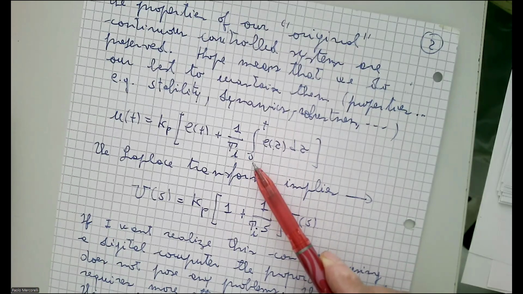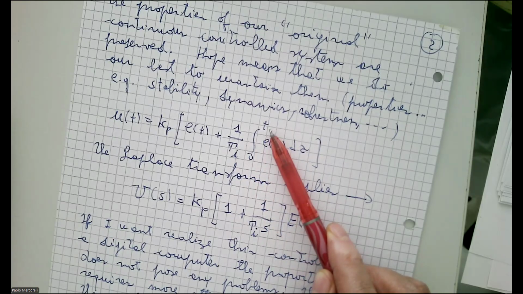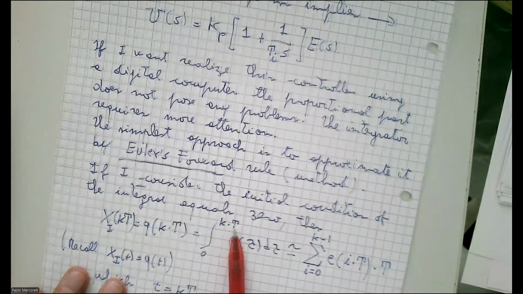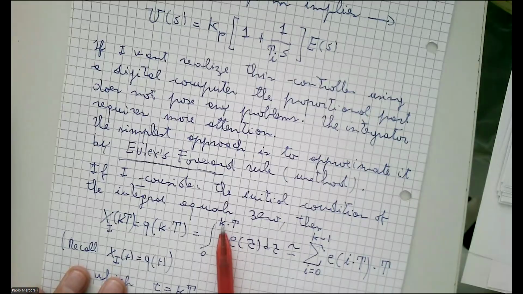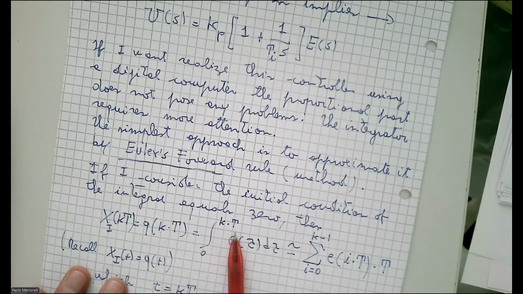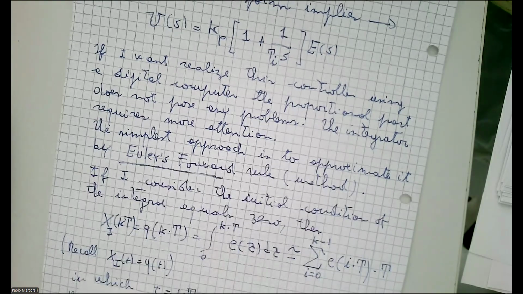Instead of 0, I have 0. Instead of t, as I told you, I have k multiplied by T. As I told you, t, not capitalized, is replaced by k, a natural number, excuse me, multiplied by T, which is given. Please pay attention, this T could also be variable, but this is a little bit more complicated. Let me fix it. Of the error.